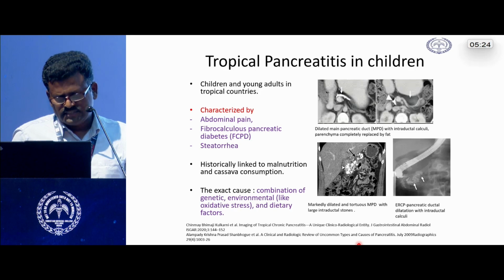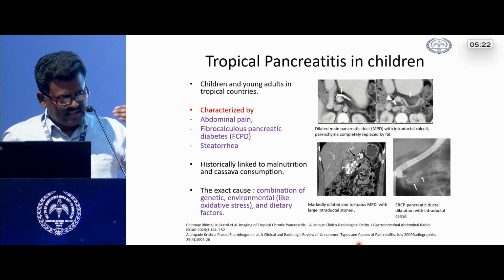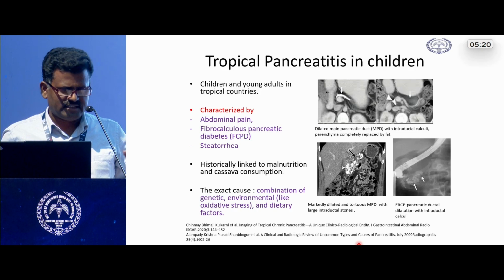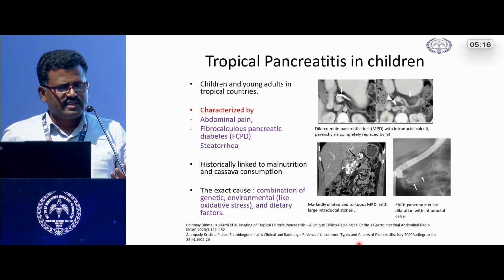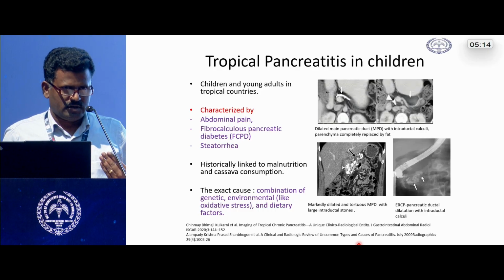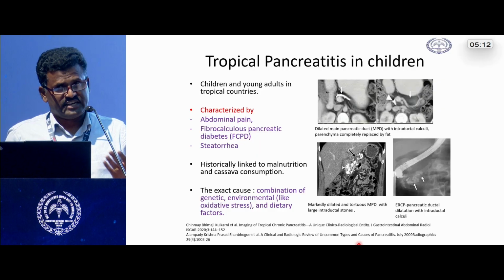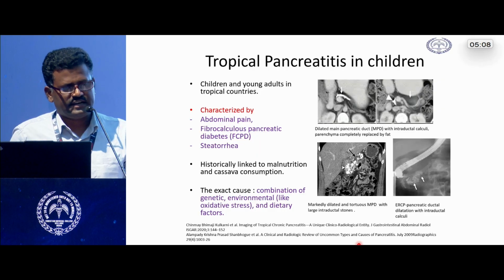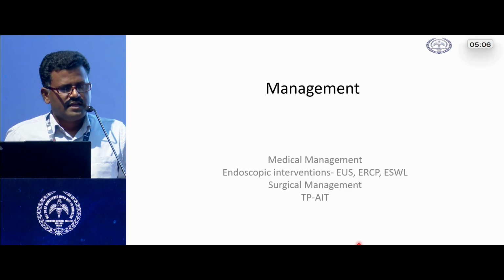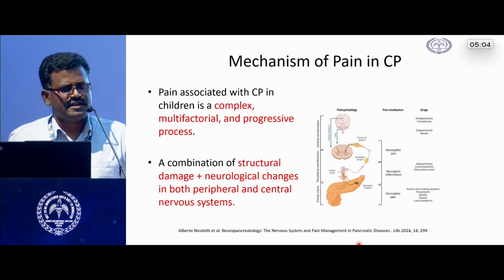This tropical pancreatitis was historically linked to malnutrition and cassava consumption, found in tapioca, but the exact cause has now been attributed to genetic reasons, particularly the SPINK1 mutation, along with environmental and dietary factors.